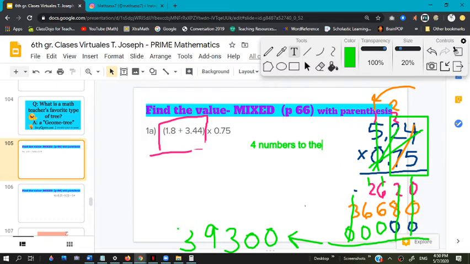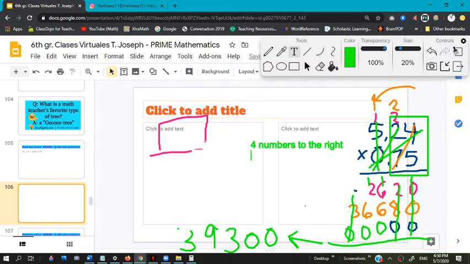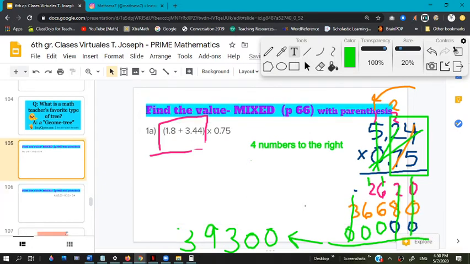We have 4 numbers to the right of our decimal point, so we also need to add 4 spots in our answer.